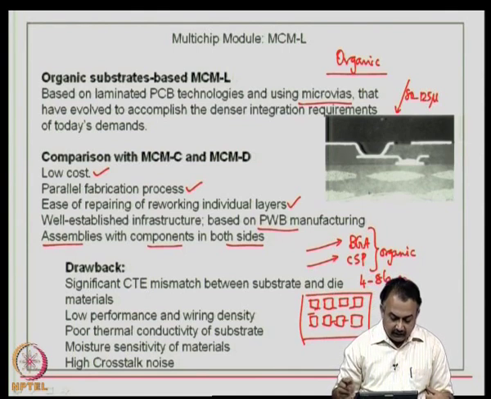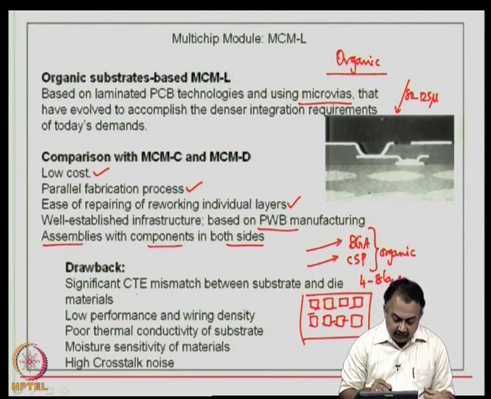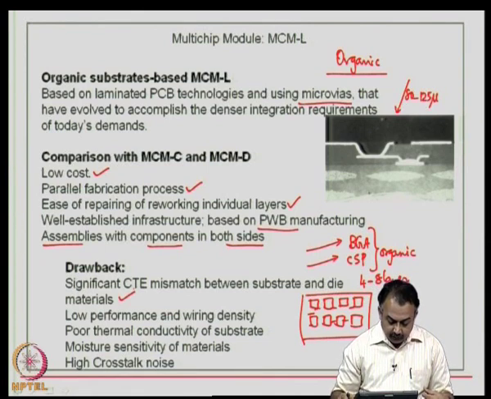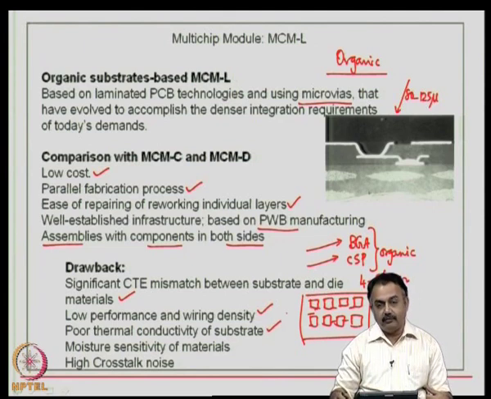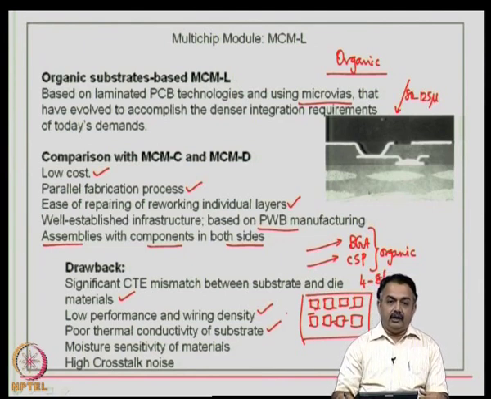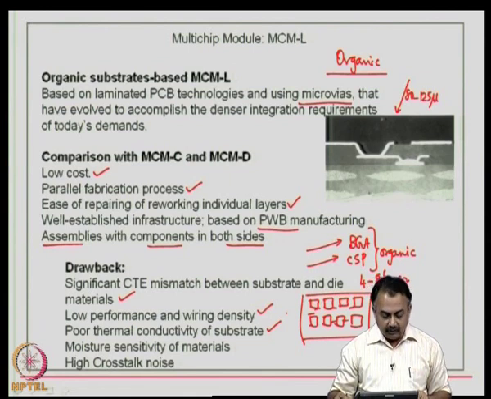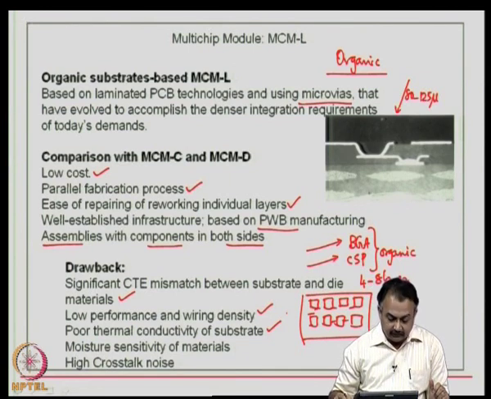The drawback is that when you use silicon die, there will be a significant CTE mismatch between the substrate and the die materials, which I have explained in the previous session. Low performance and wiring density compared to MCM-C and D, poor thermal conductivity of the substrate, because we are using organic substrates, and the inherent property of the organic substrate is that the thermal conductivity is very poor compared to ceramic substrates.